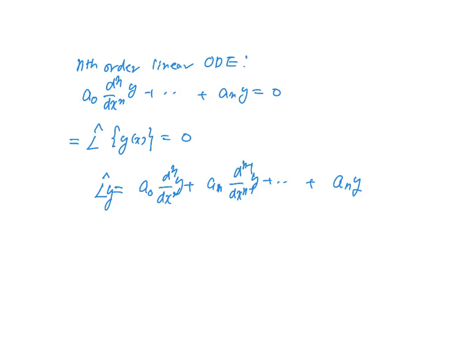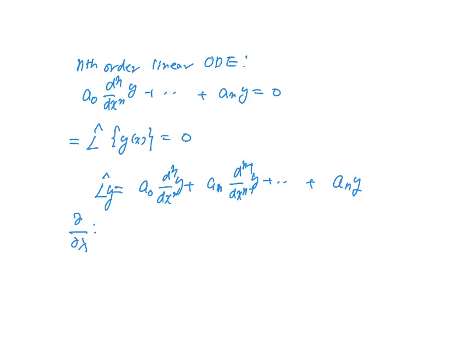Then, if we differentiate by something different, say with e to the lambda x, if we differentiate by lambda, what happens? We covered something about the partial derivative, right?